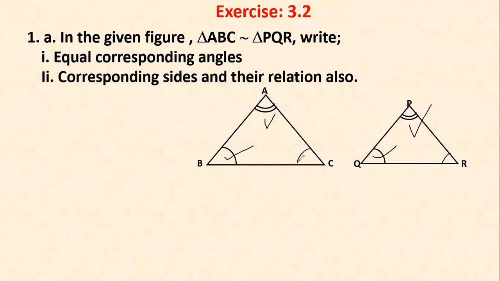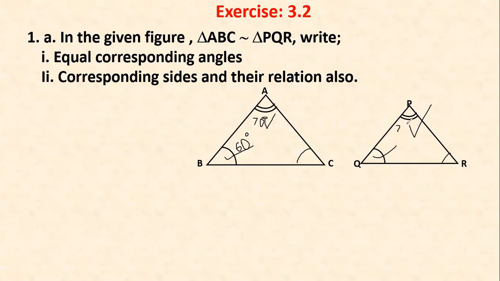Do you have the reason why the remaining angles are equal? The sum of the angles of a triangle is 180, isn't it? Suppose, just for example, this angle is 60 degrees and this one is 70 degrees.